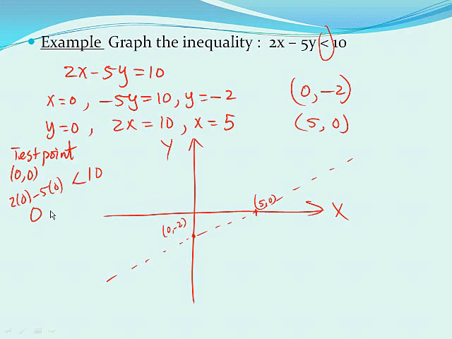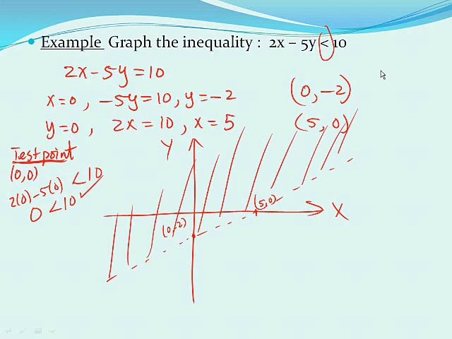Left side will be 0, the right side is 10, so 0 is less than 10. So this is satisfied. So the test point tells me that I need to shade the same side as the origin. So I will be shading this side. So the upper half plane is the solution set without the boundary line.